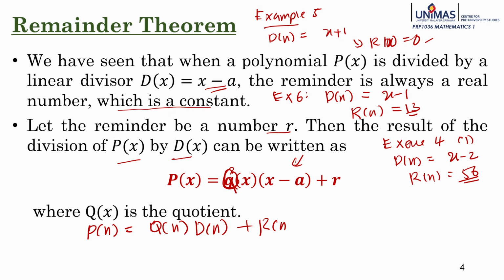For the remainder theorem, we can say that P(x) equal to Q(x), and then d here we change into x minus a, and r here we change into r, where Q is the quotient.